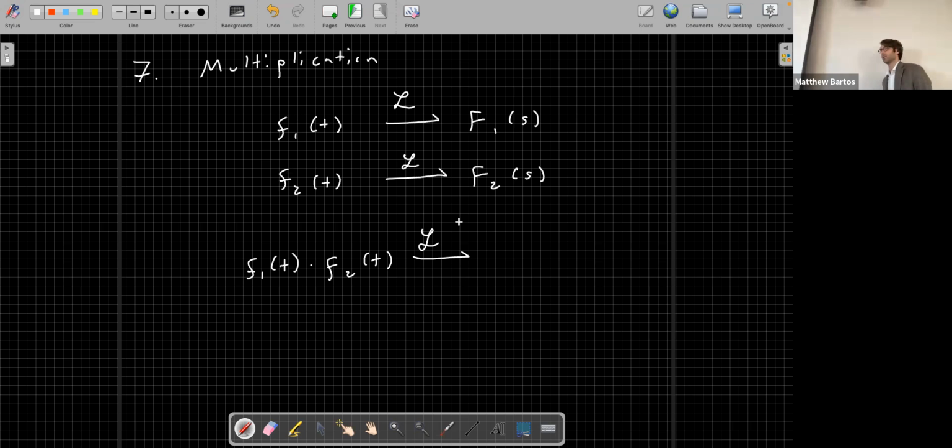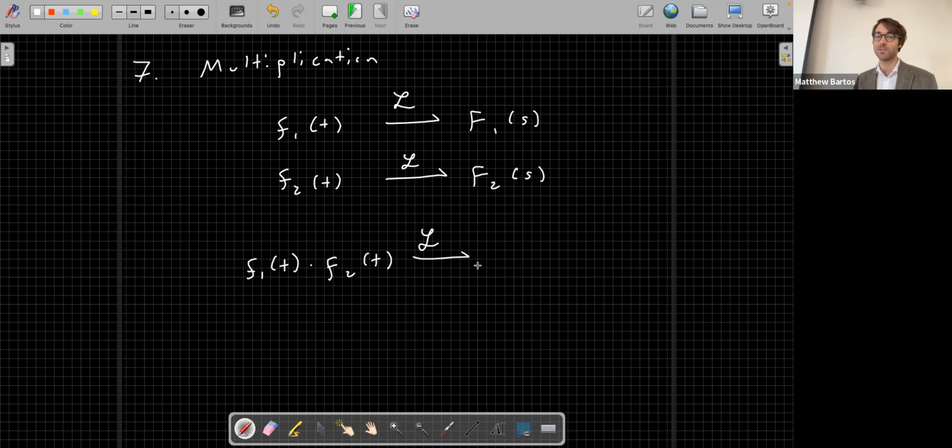What do you think this becomes in the frequency domain? If you were to guess based on the other properties I've showed you, what do you think multiplication in the time domain corresponds to in the frequency domain? Convolution.